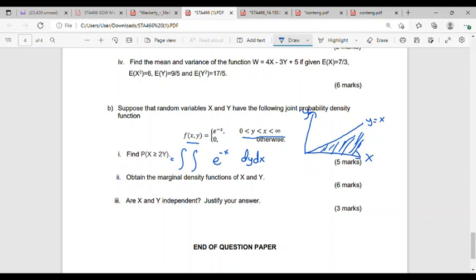Okay, so y will be from here, x more than 2y, it is from 0 until x over 2. Okay, 0 until x over 2. Till infinity.